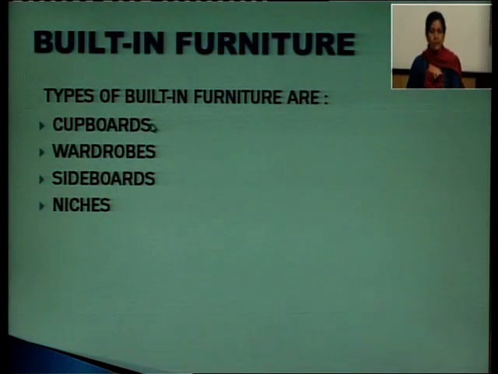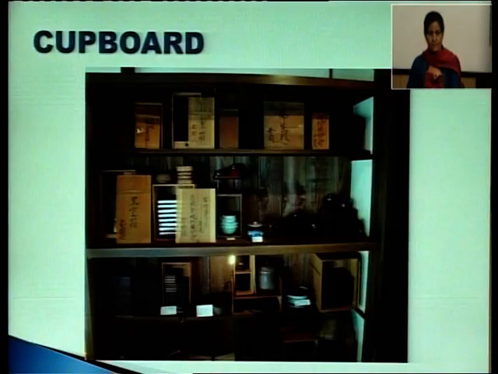But there are typical technical terms for each of them. Now we will discuss the cupboard in detail. This is a main picture of a cupboard. A cupboard is a thing which is used for storing things. You can see it may or may not be covered.